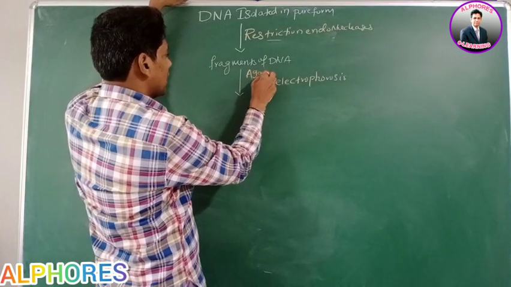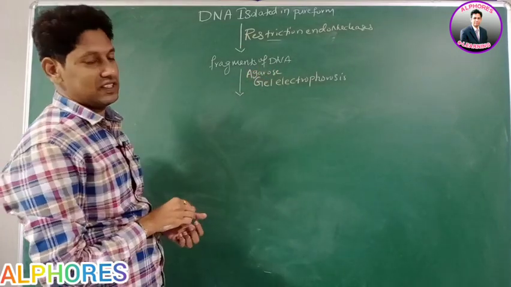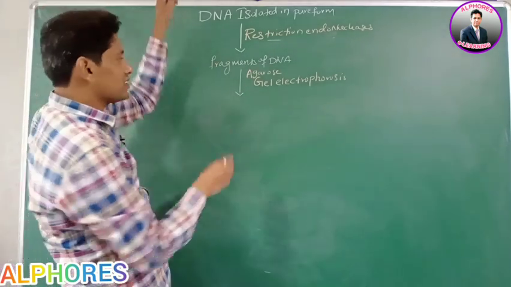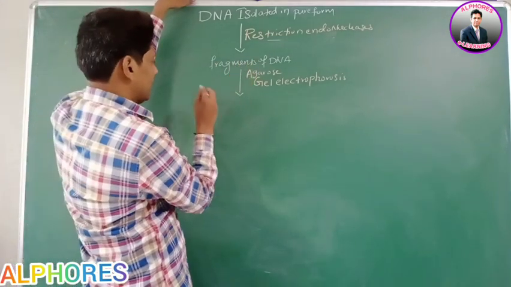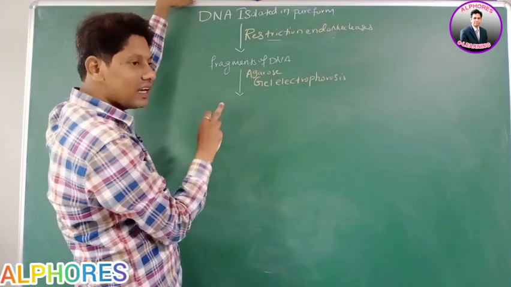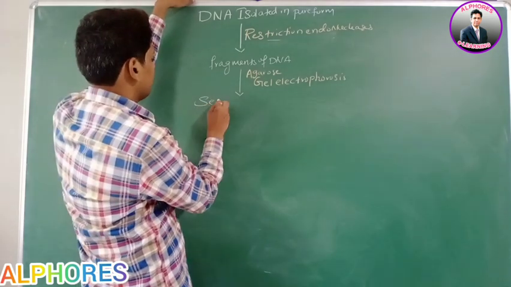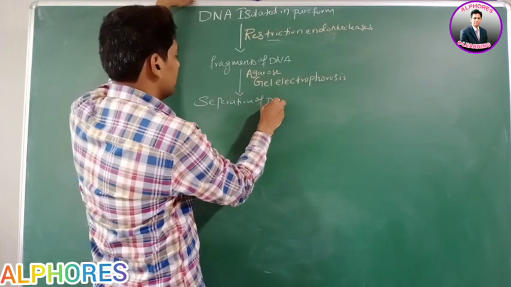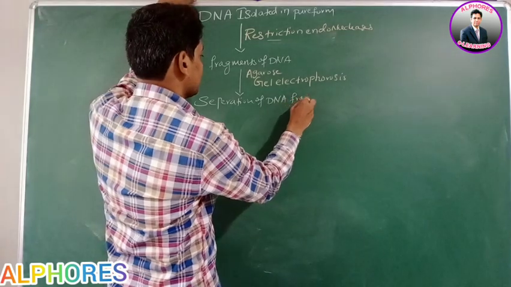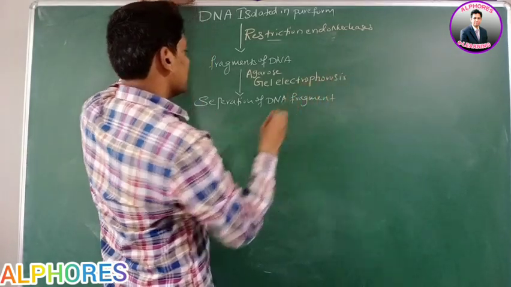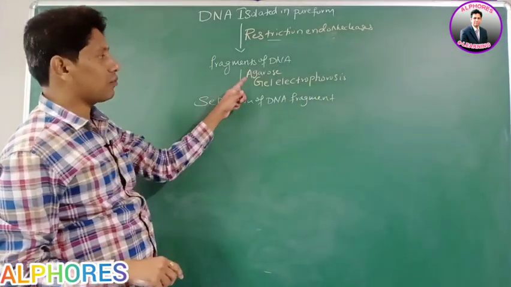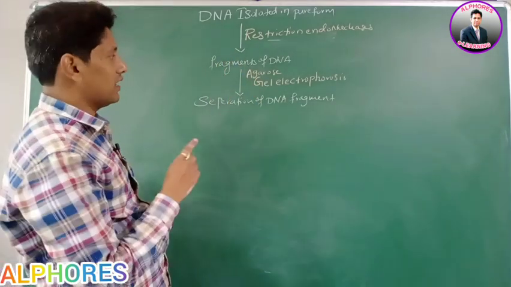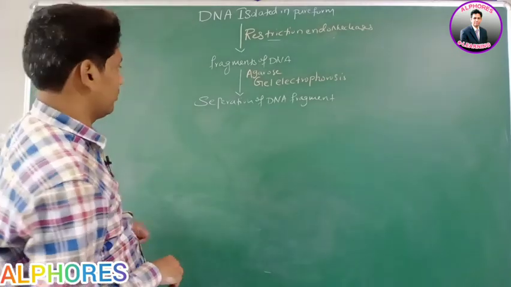Agarose gel electrophoresis. By using agarose gel electrophoresis, these fragments of DNA are separated from one another. Therefore, separation of DNA fragments is by agarose gel electrophoresis.